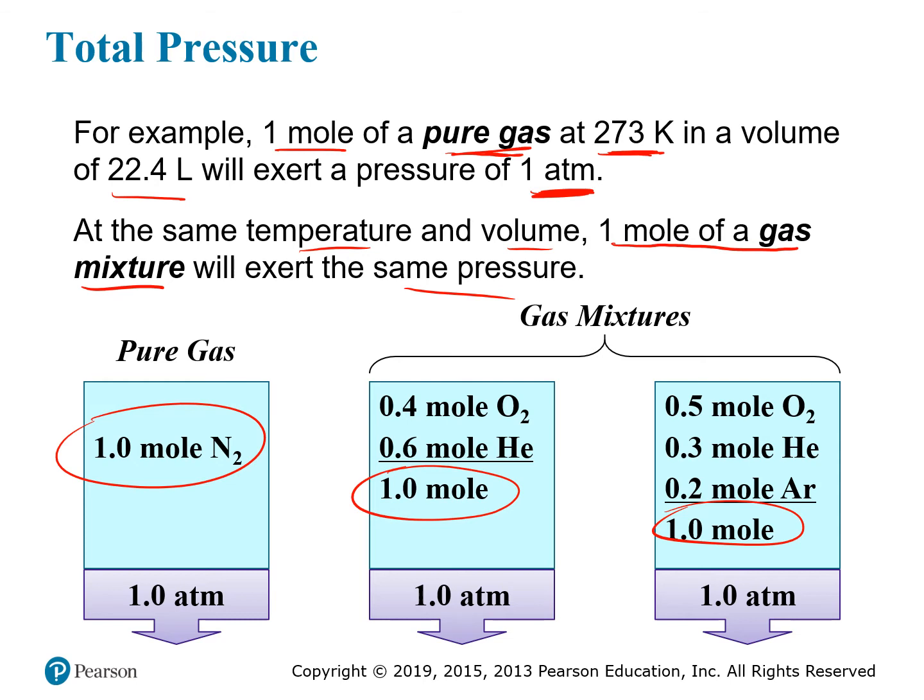As long as the total number of gas particles is 1 mole, then under these conditions, they're always going to exert the same pressure. It doesn't matter how it's split up. And the reason for that is the identity of the particles doesn't affect the properties.